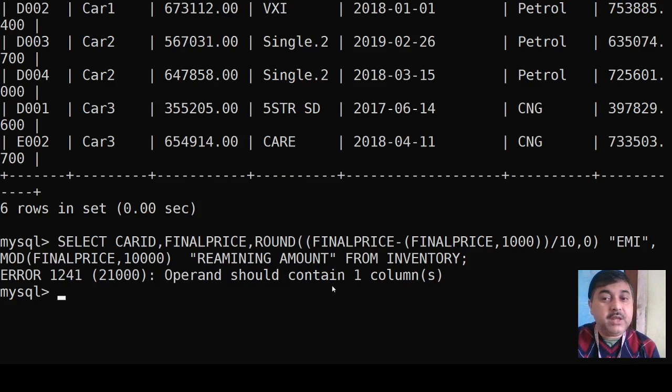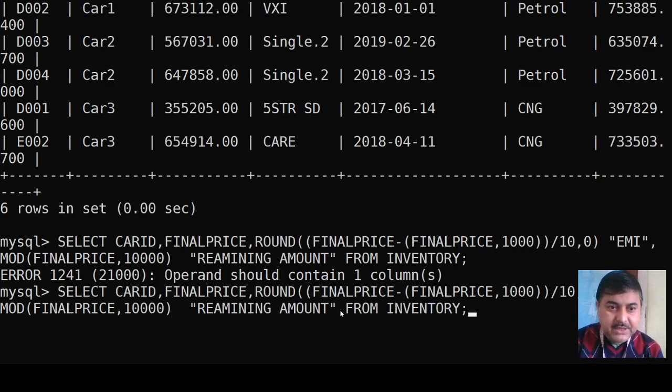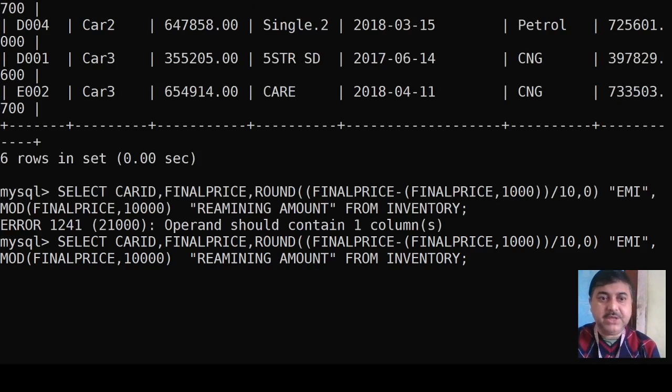We are making multiple phases here, multiple patterns, and we are implementing those patterns. So let us change it a little bit.